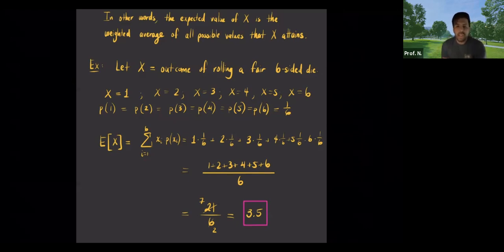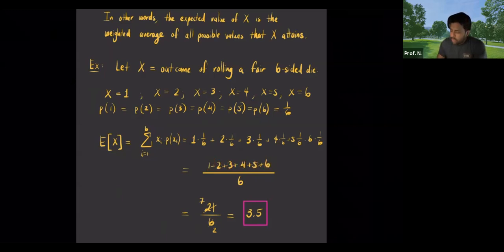But what this is saying is that because of the symmetry, because for every value of x I have an equal probability of it happening, obviously the mean would be right smack dab in the middle of all of the values that x can attain. X can attain a 1, a 2, all the way to a 6.